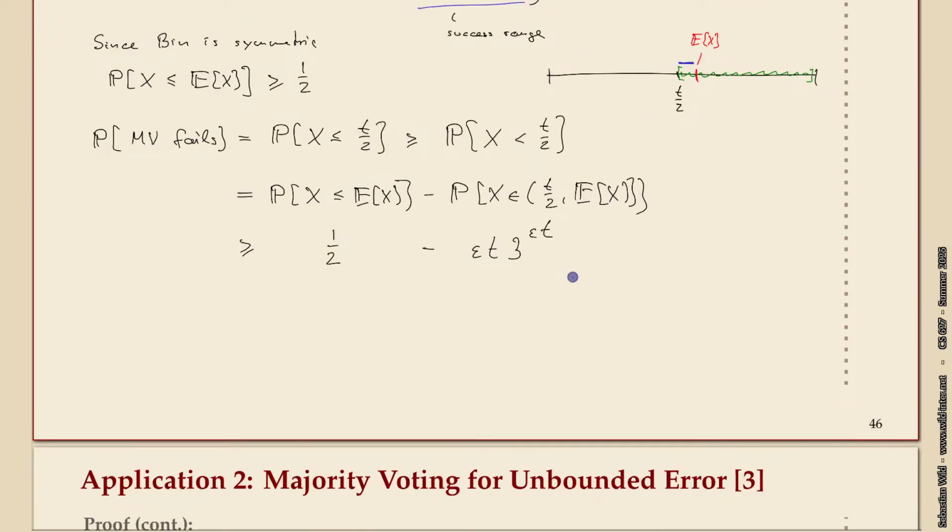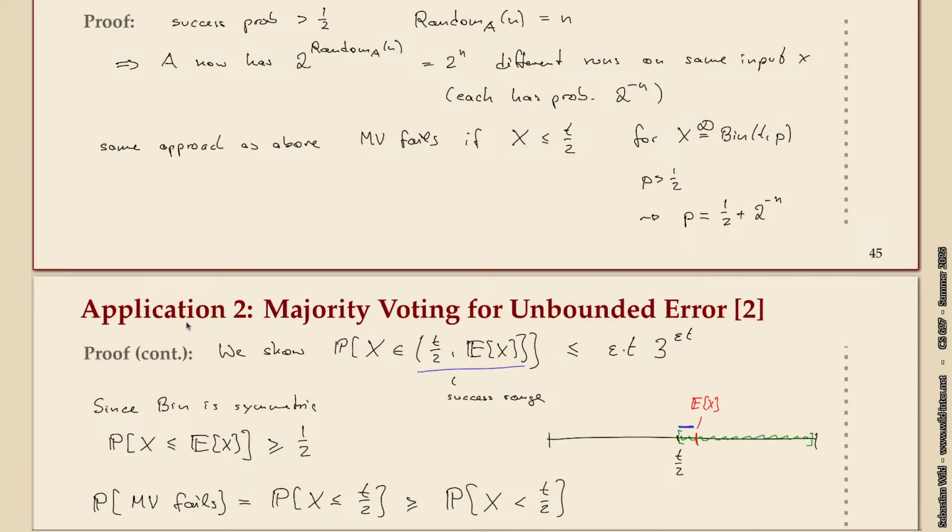And if we can show that this converges to 1/2 unless you pick an absurdly large t. So suppose we pick a polynomial number of repetitions. And recall the epsilon was this 1/2 to the minus n.